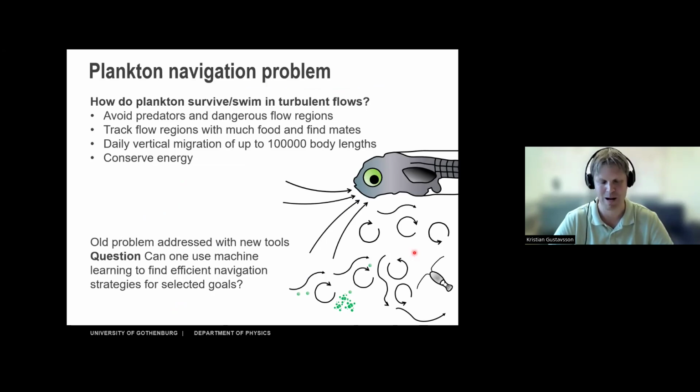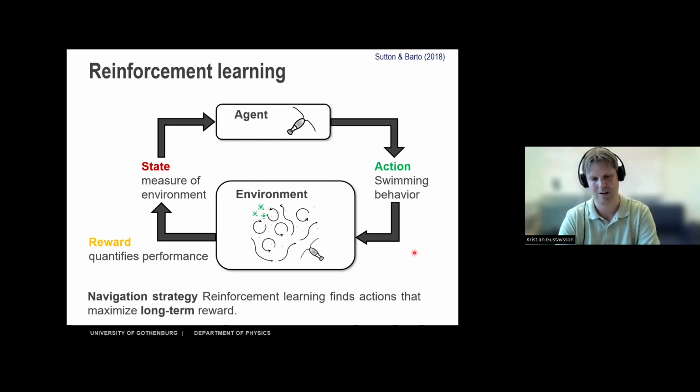Now, coming back to the question, can we use machine learning to find strategies for such plankton? Then we started with my Rome postdoc to address this problem using something called reinforcement learning. This is a means of machine learning where basically you do trial and error, similar to how humans learn.